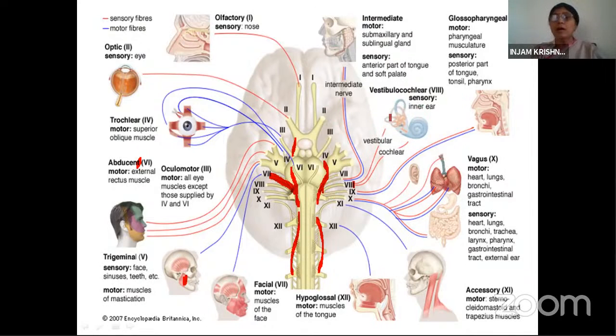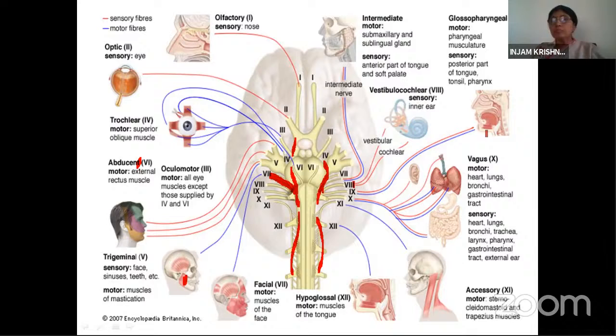And what about the ninth one? The ninth one is glossopharyngeal. It is a mixed nerve. Motor is to the pharyngeal muscles. It arises from the pons and reaches the pharynx. And sensory is from the tongue, tonsils and pharynx.